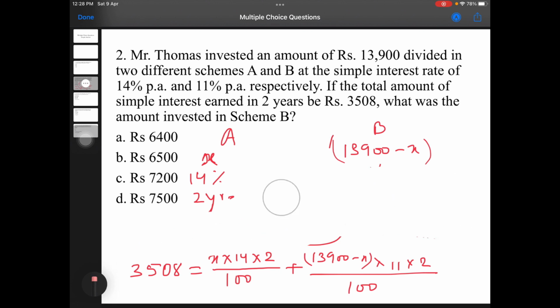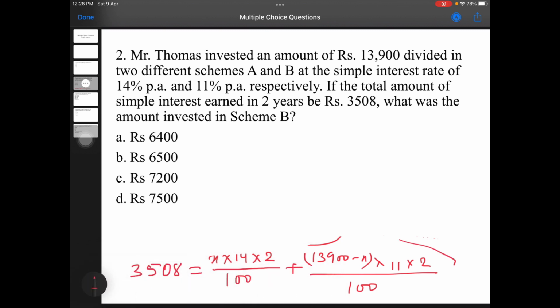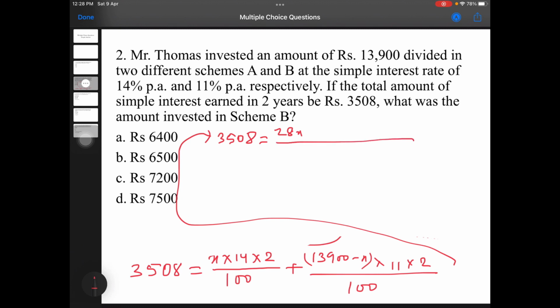So this one I'll take up, this one will come here. 3,508 will be equal to X multiplied by 14 multiplied by 2, which is 28X. Then for the 100 we take the LCM, which will be 100 only.